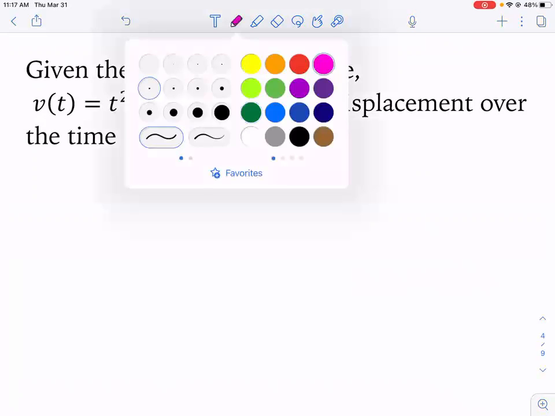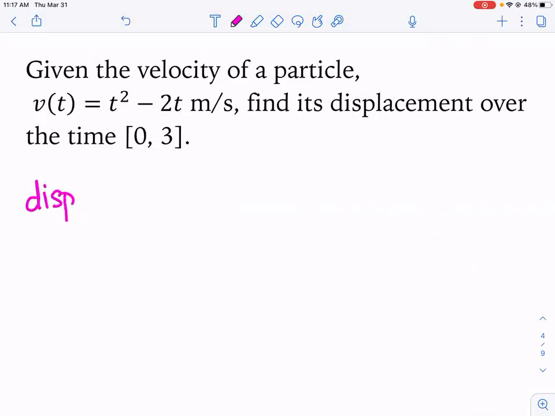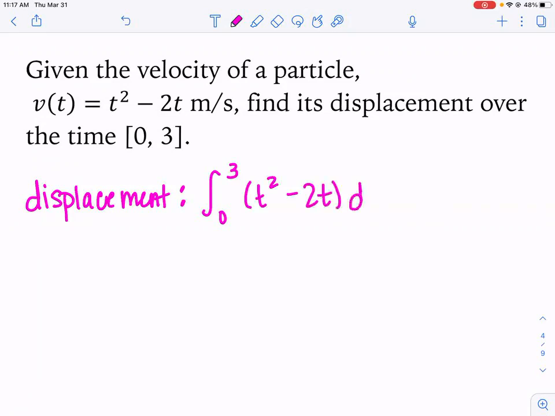So to find the displacement, we are going to take the integral from 0 to 3 of t squared minus 2t. All right, so we have 1/3 t cubed minus t squared evaluated from 0 to 3.